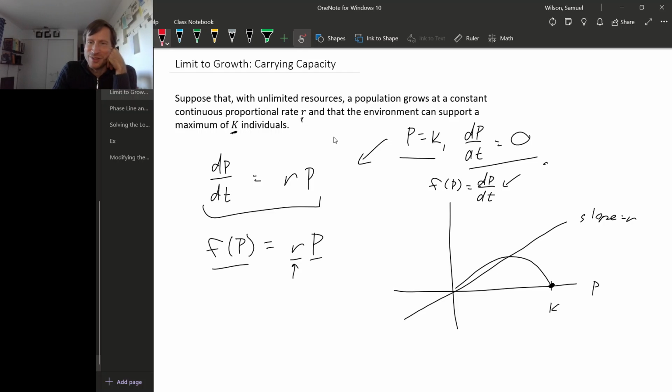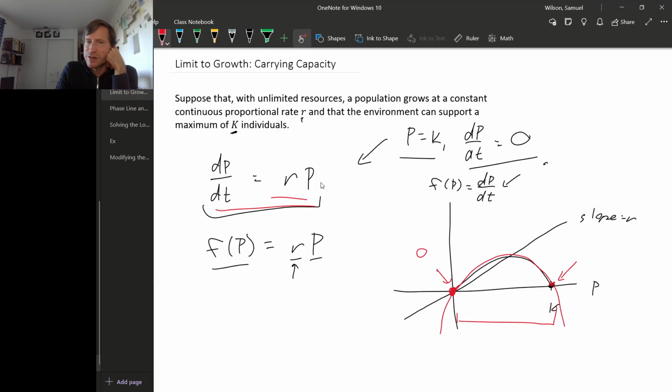But if you look at this part of the graph that I've drawn, it looks sort of like it's making a parabola, right? At least on this interval from 0 to k, it curves up and then back down. So one way to modify this differential equation is to write a parabola that crosses the horizontal axis at 0, which this already does, but also at k.